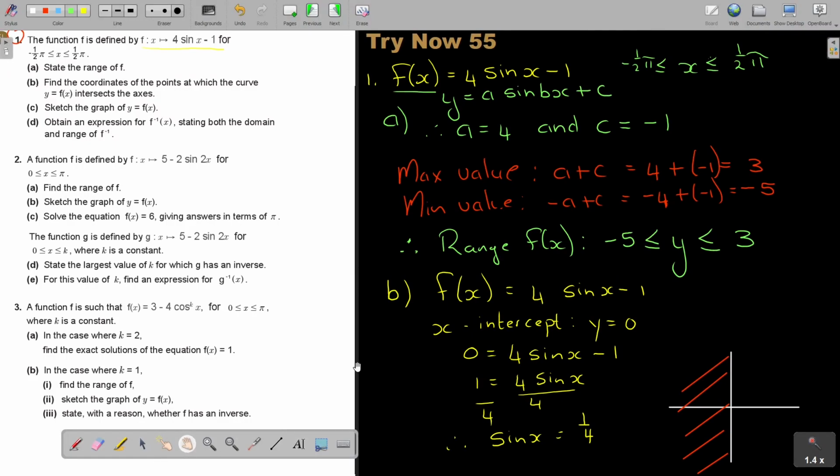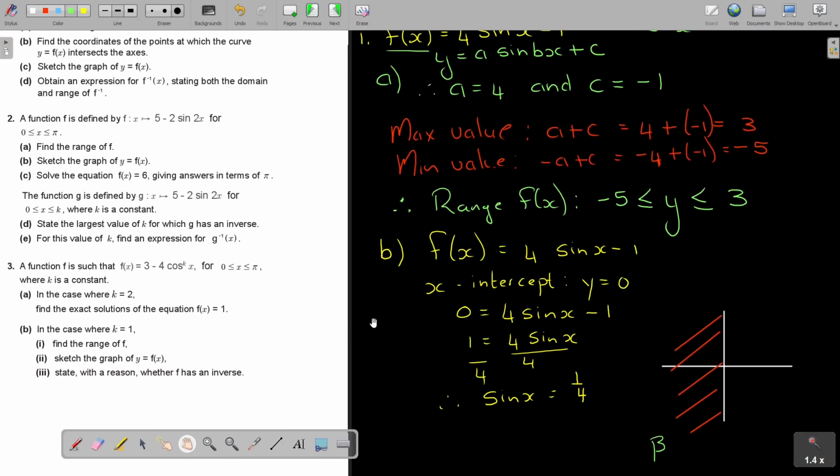So let's just go. We press shift, sin, and bracket 1 divide 4, close the bracket, equal. I get that my basic angle is 0.2527. Make it four significant figures.